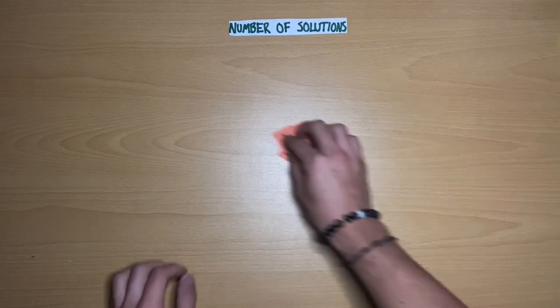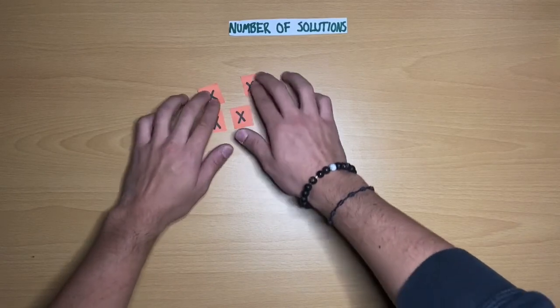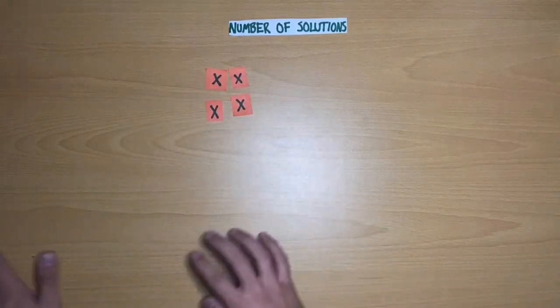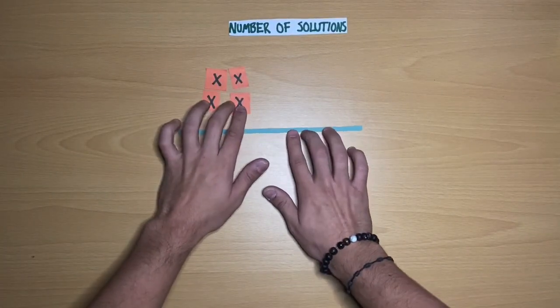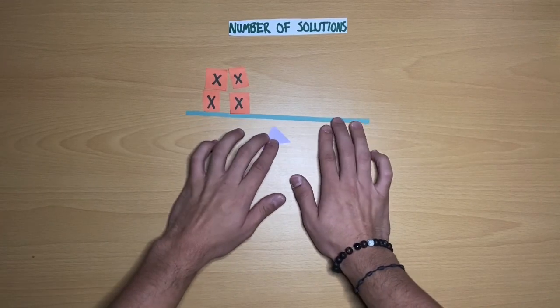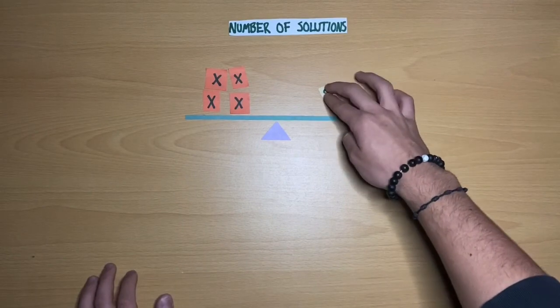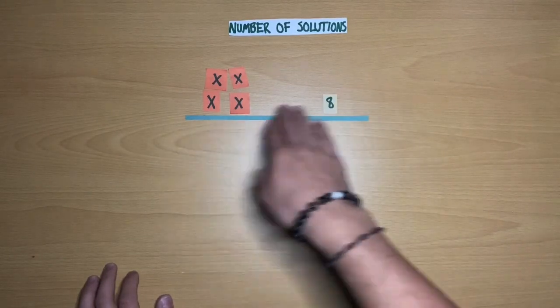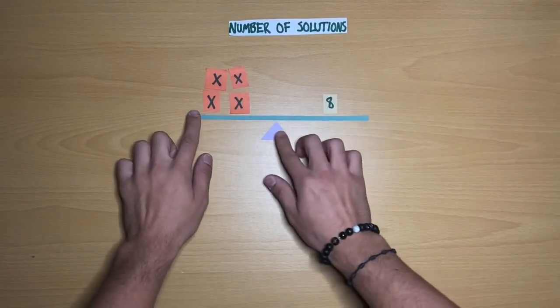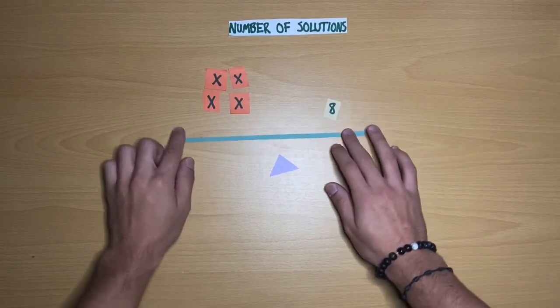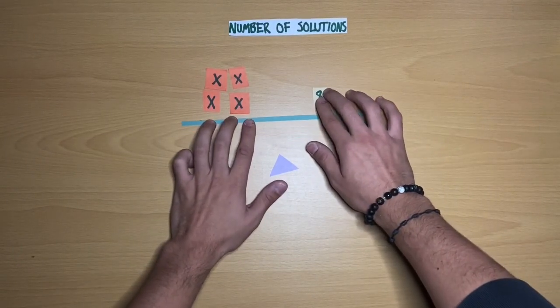What we will do is we will start off with a balance, because after all, that's basically what these equations are. Think of a scale, a balance, and you want to keep this level. You don't want this to be uneven. You want it to be balanced.